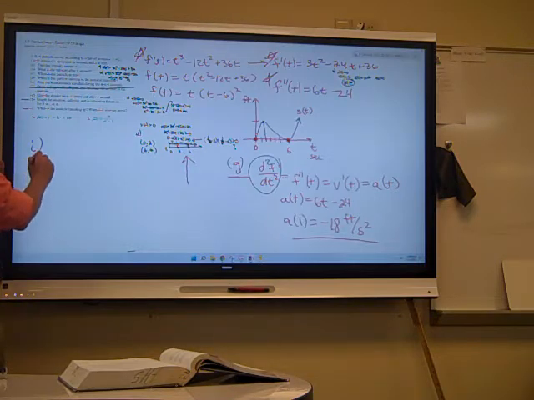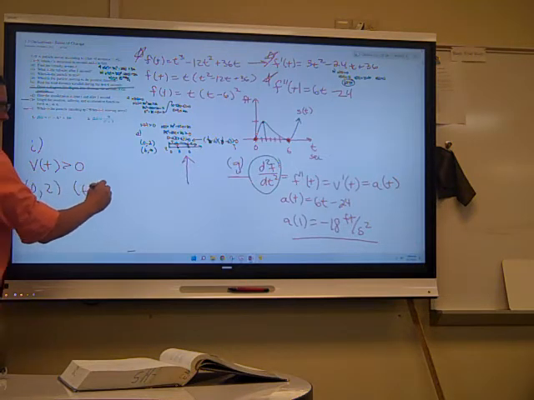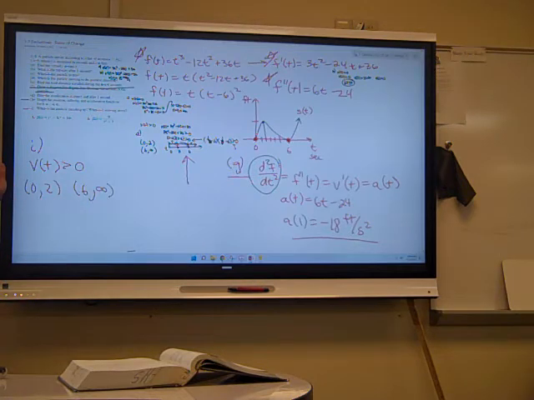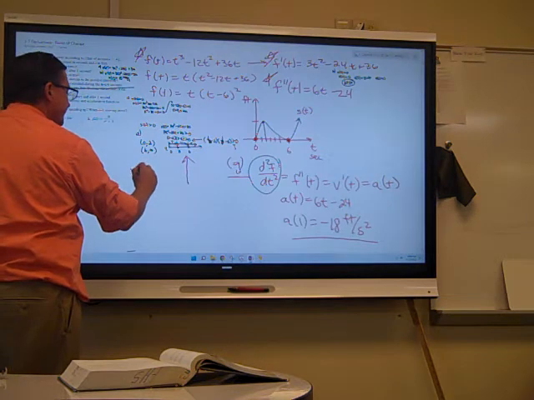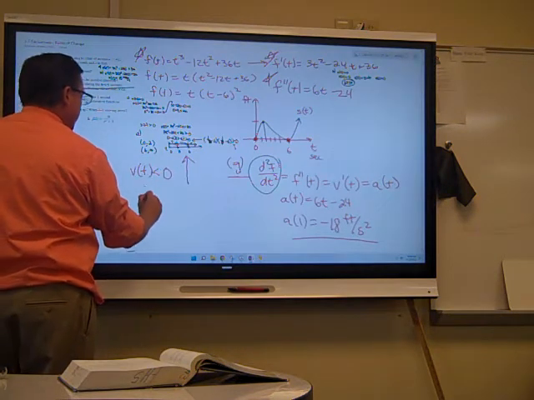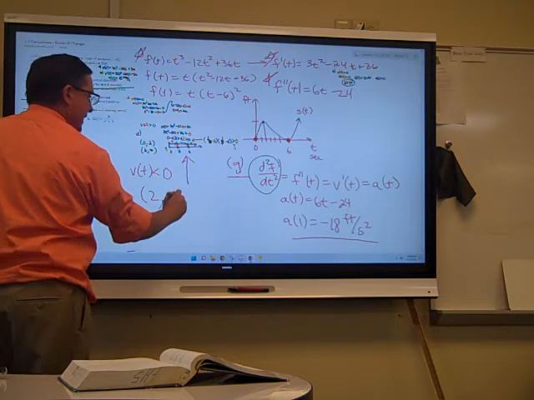So for v of t greater than 0, we had these two intervals. Does everybody agree with that? Obviously, if those are the positive sections, the negative section is between 2 and 6.